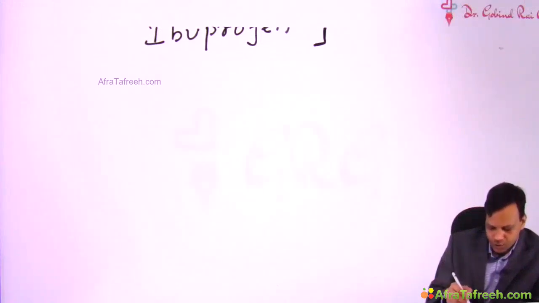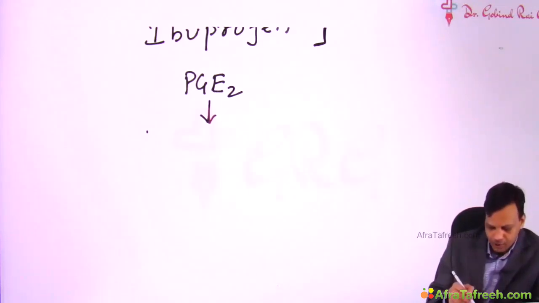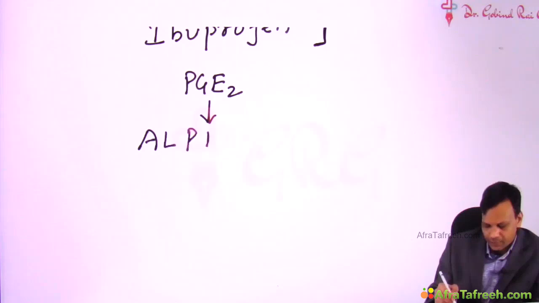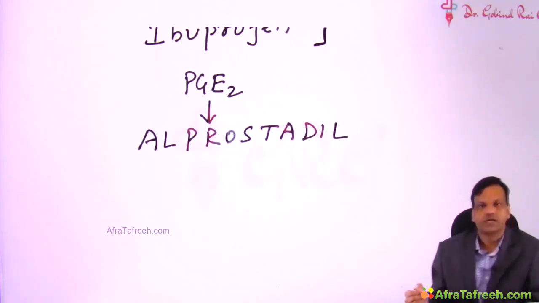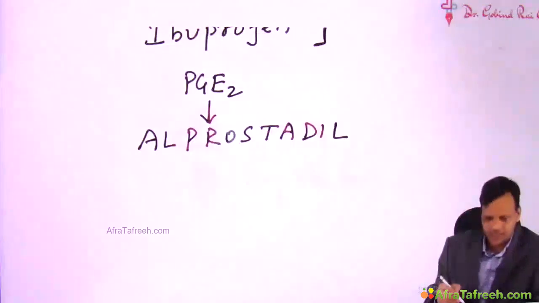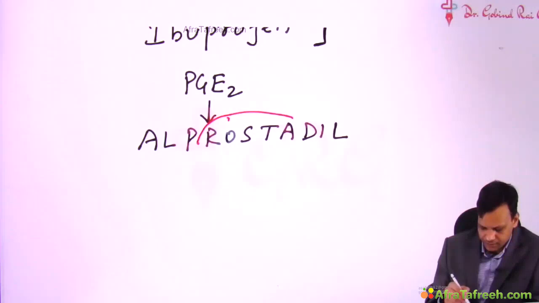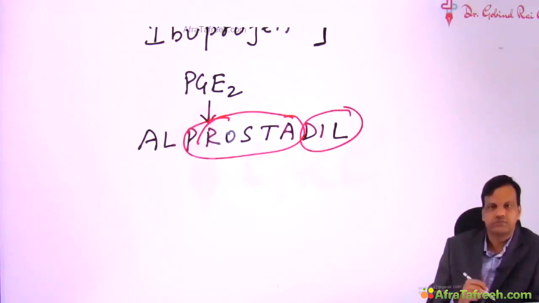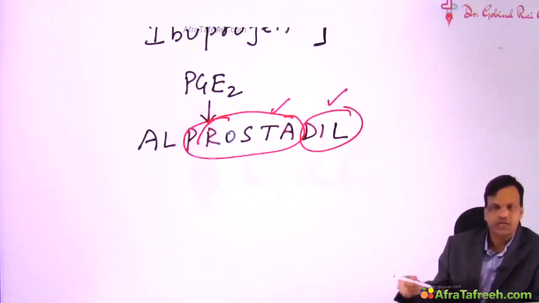PGE2 is given to keep the ductus open. And the drug which is a PGE2 analog is L-prostadil. It keeps the ductus open, and from the name you can remember in Hindi, it is prostaglandin acting on dil. Prostaglandin acting on dil is L-prostadil.